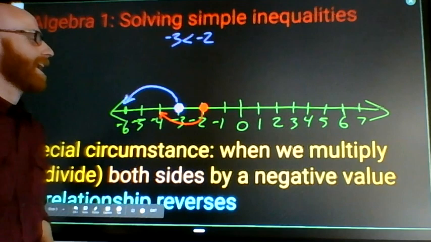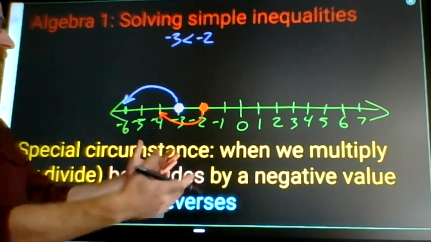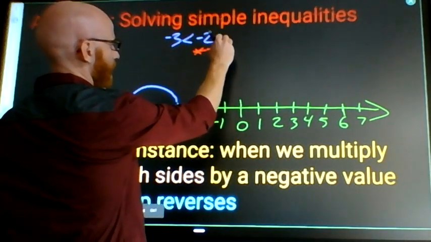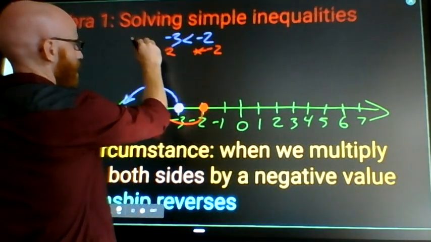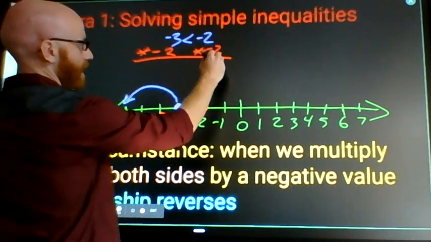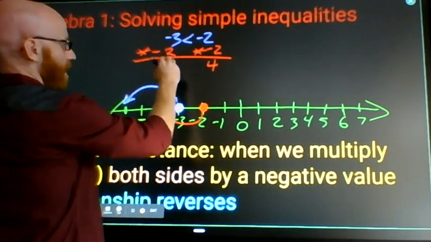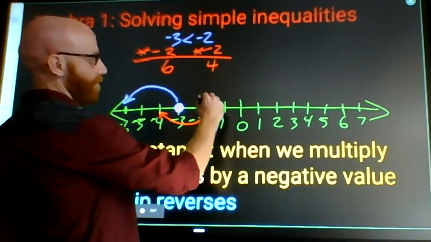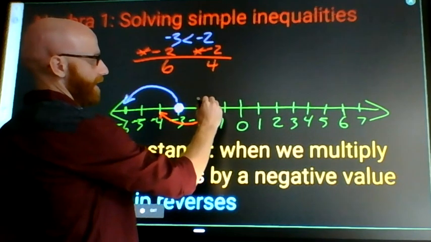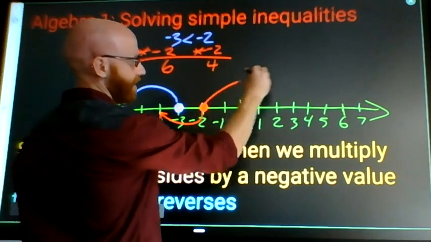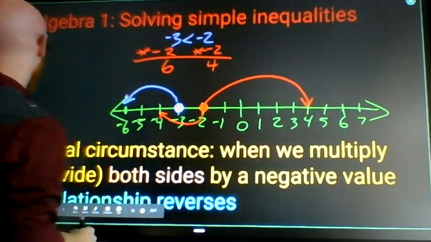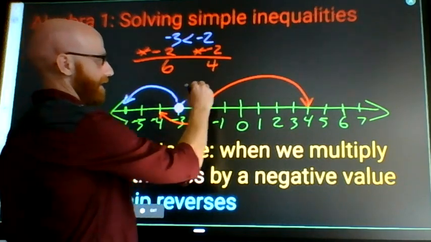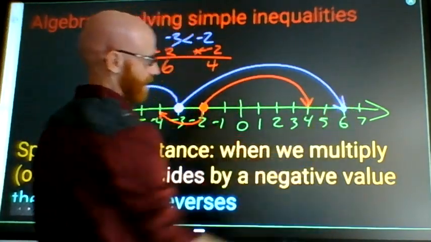If, on the other hand, I multiply by negative 2, so negative 2 times negative 2, negative 3 times negative 2, I'm going to get positive 4, positive 6. When I flip over 0, negative 2 times negative 2 is positive 4. Negative 3 times negative 2 is positive 6.